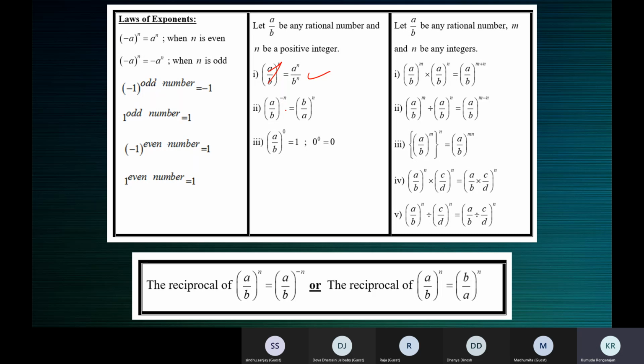There's an equal to sign here. You're trying to write the equivalent of this given expression. So make both the changes. A by b becomes b by a, minus n becomes plus n. Now these two expressions are the same.